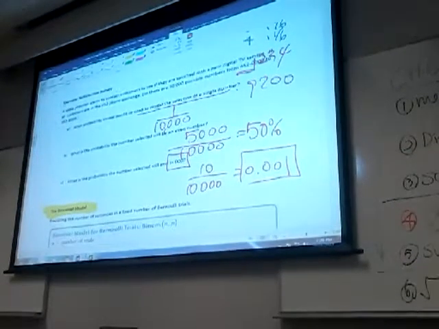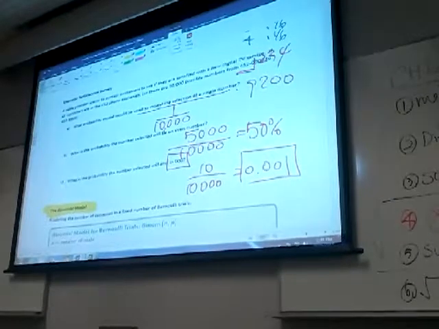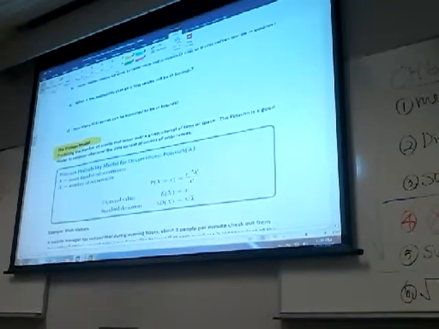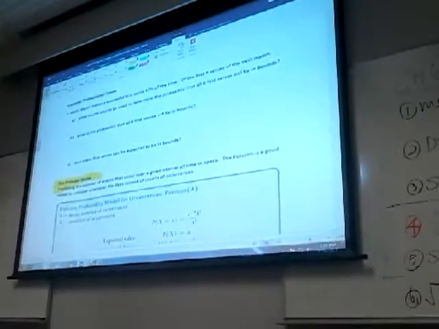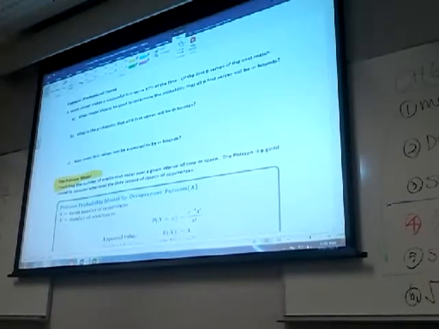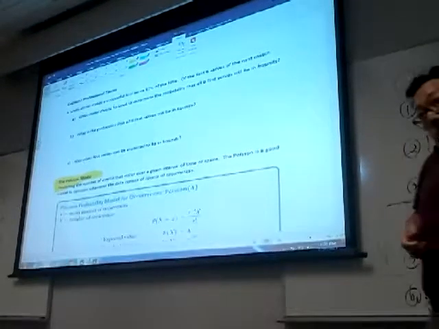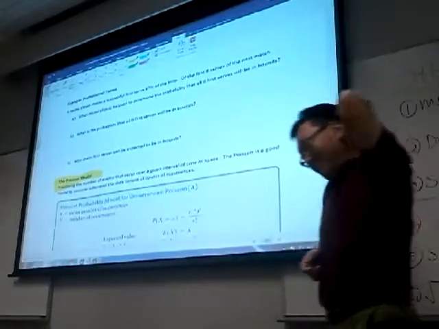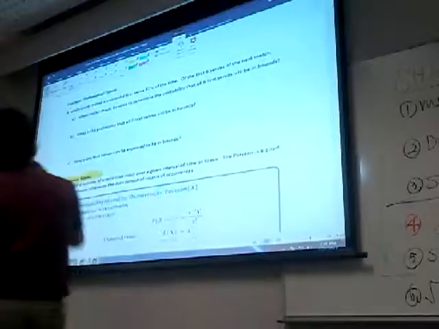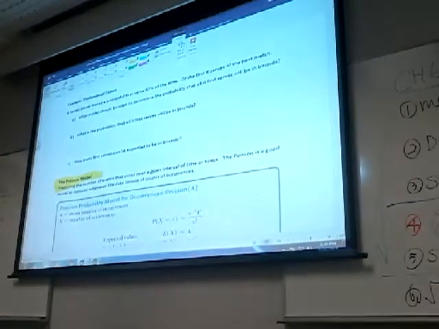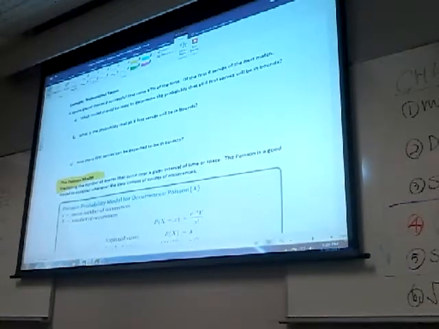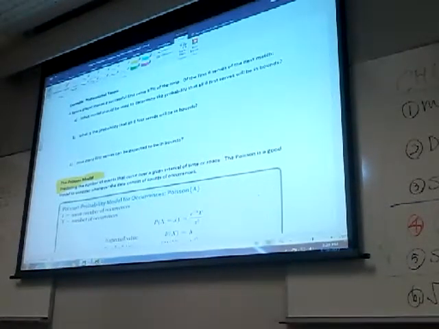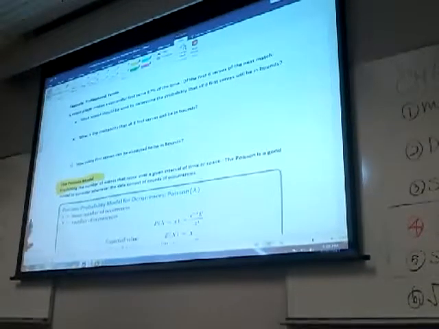Actually, the main topic is the binomial model and the Poisson model in chapter 6. Please look at this example, the tennis player. Do you like tennis? We have a player, right? The player makes a successful first serve.